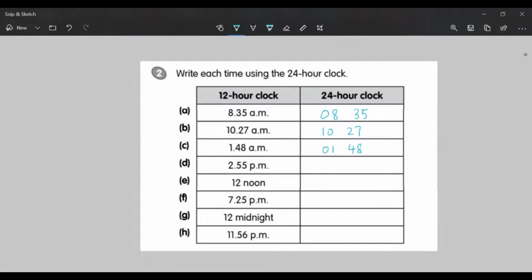Was that okay? And then PM. So PM I must add 12. So what is the answer? 2 plus 12 is? 1455 hours.